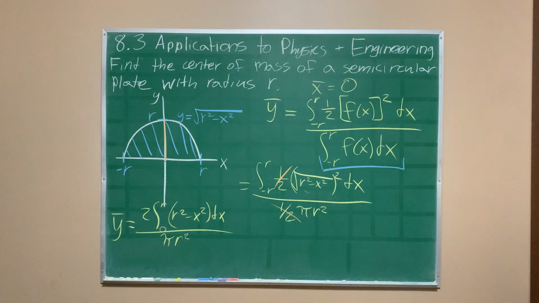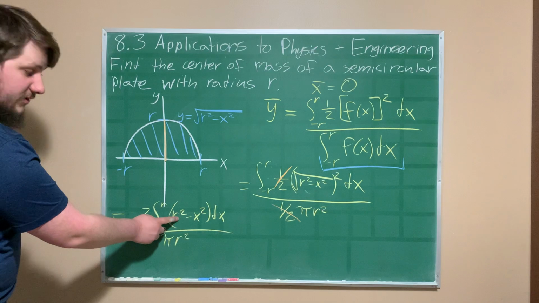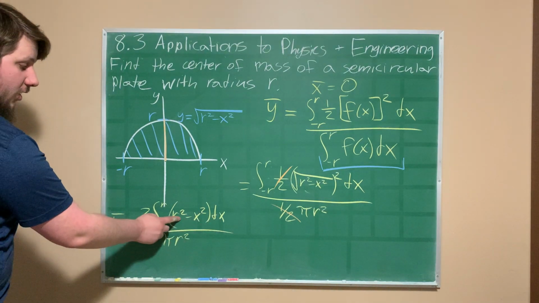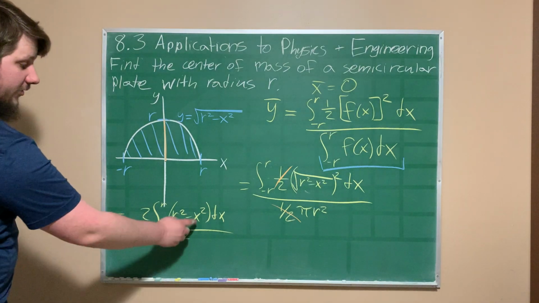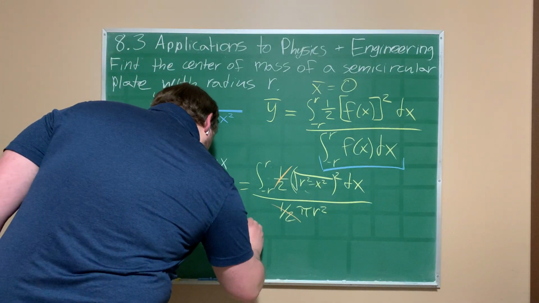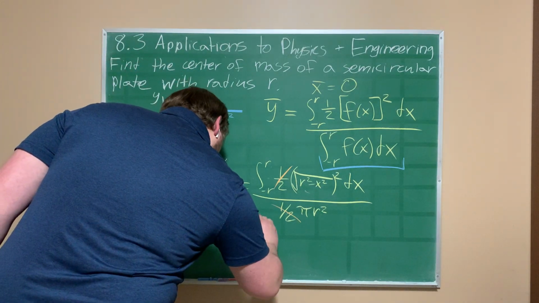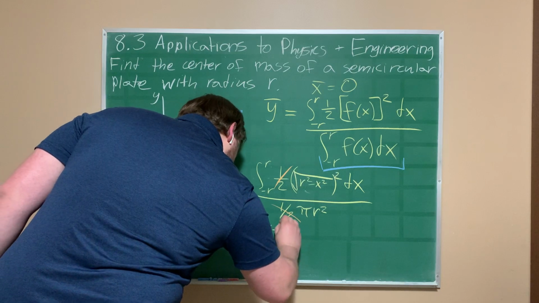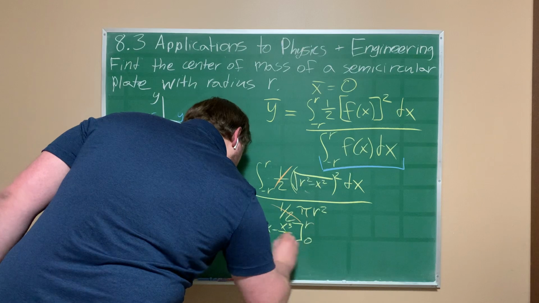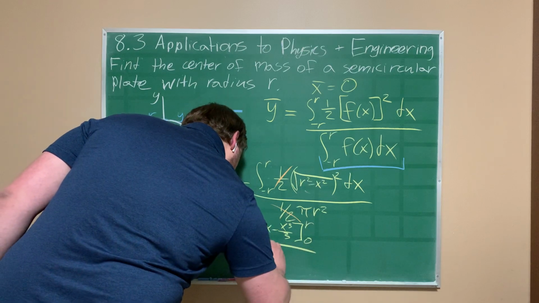Okay, so now actually taking the integral, r squared is just a constant in this case. So when we take the integral here, we're going to get r squared x. Then the integral of negative x squared will be negative x cubed over 3. So we are going to get 2 times r squared x minus x cubed over 3, evaluated between 0 and r, all divided by pi r squared.